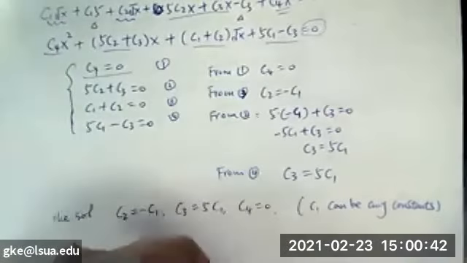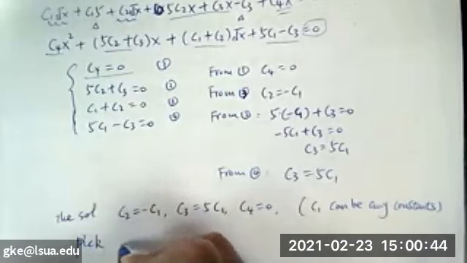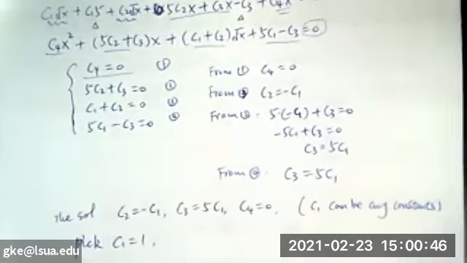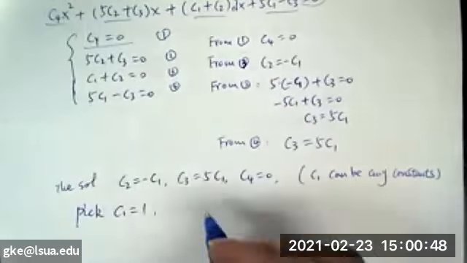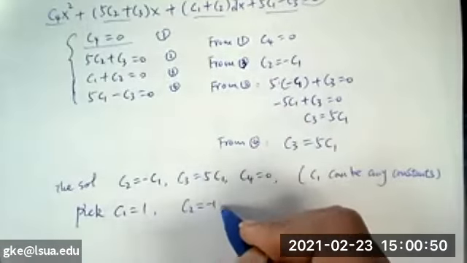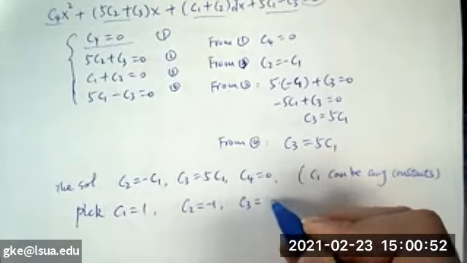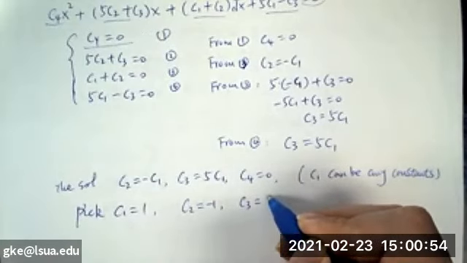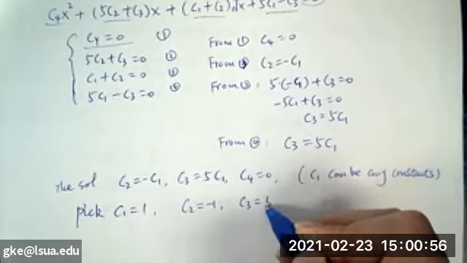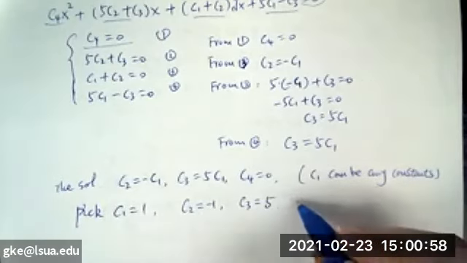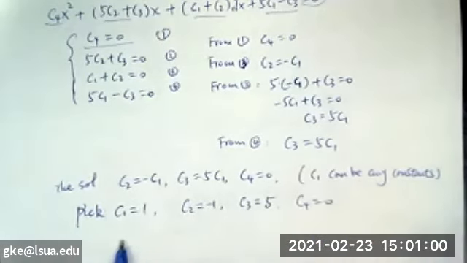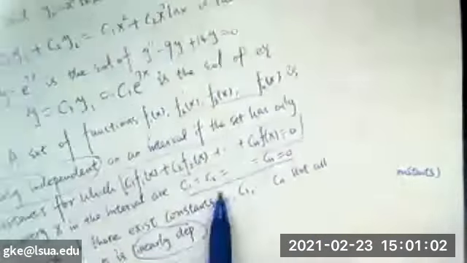If we pick, for example, C1 equals 1, we get C2 equals negative 1, C3 equals 5, and C4 equals 0. And we find non-zero constants.